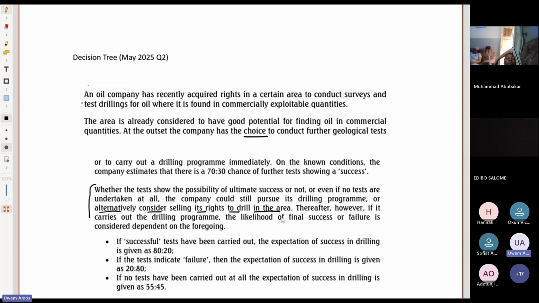Let's see if we can hear some people's voices. What are your thoughts around that? With that land in front of the company, what choices is the company trying to evaluate? Who wants to give it a try?